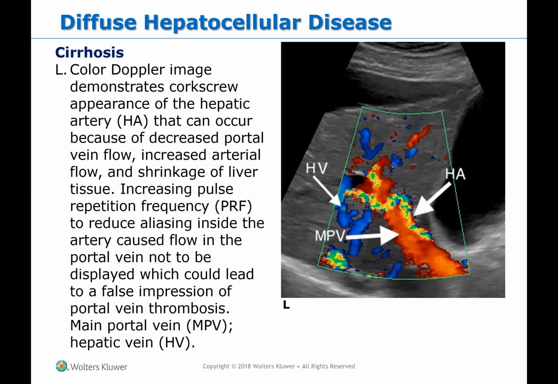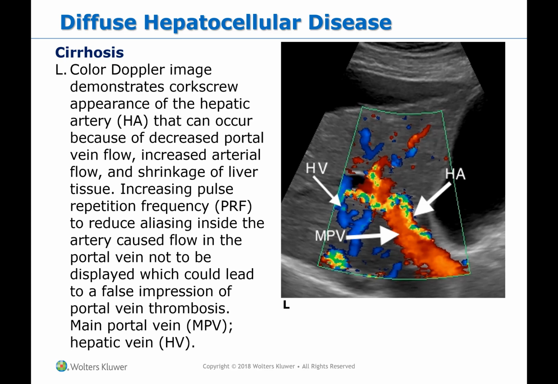Here's another picture of the hepatic artery and main portal vein. So it's like a corkscrew appearance of the hepatic artery that can occur because of decreased portal venous flow, increased arterial flow, and shrinkage of the liver.